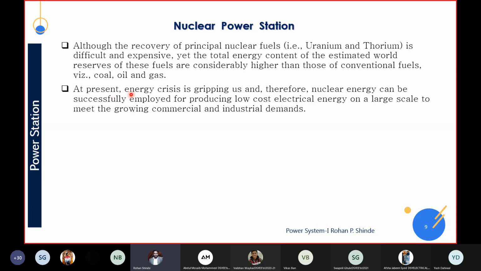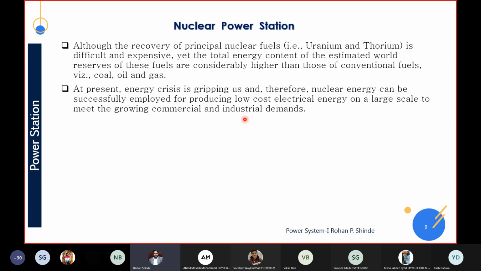Now at present an energy crisis is gripping us, and therefore nuclear energy can be successfully employed for producing low cost electrical energy on a large scale to meet growing commercial and industrial demands.